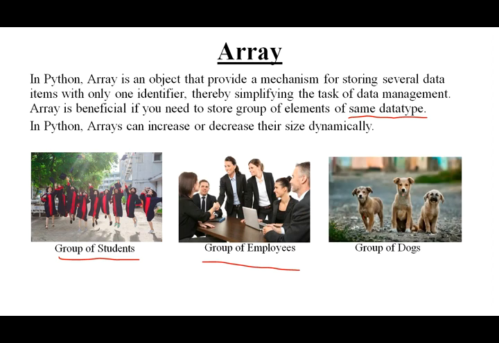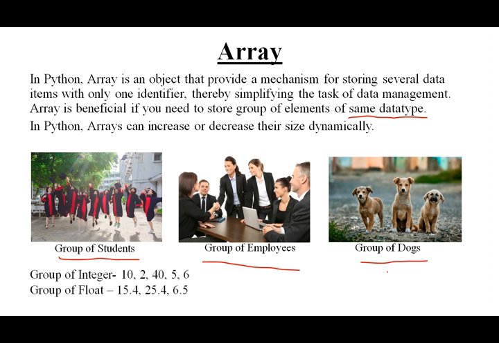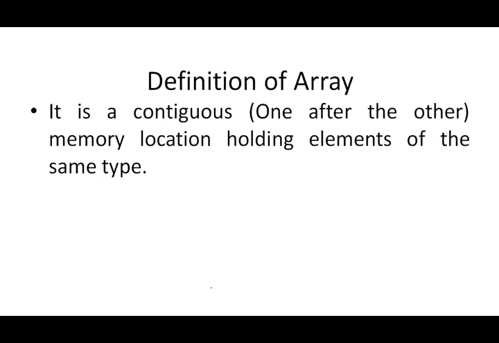A group of dogs, this is also one kind of representation of an array. A group of integers, a group of floats meaning fractional values. You cannot have one integer here and one float here. You must have the same type in one group.